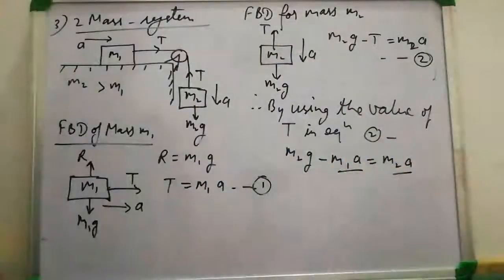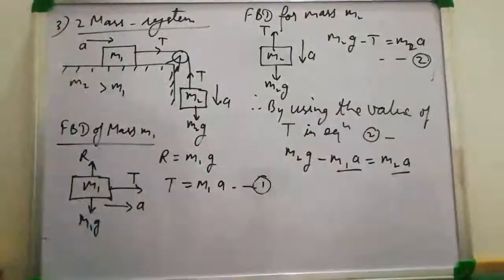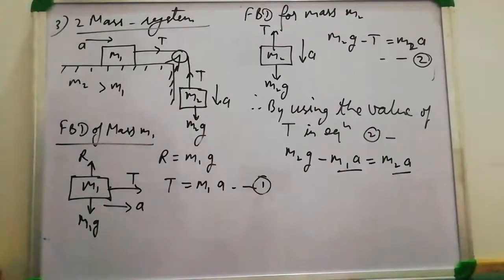This contains a and this is also a, so we take the terms which contain a on one side and we get m2g is equal to (m1 plus m2) into a, or we get the acceleration as m2 upon (m1 plus m2) into g.